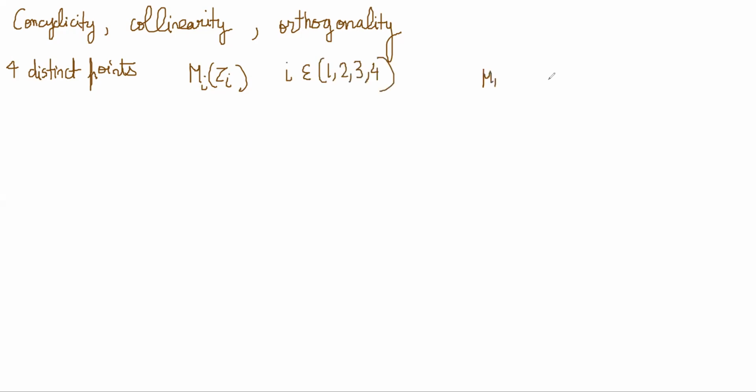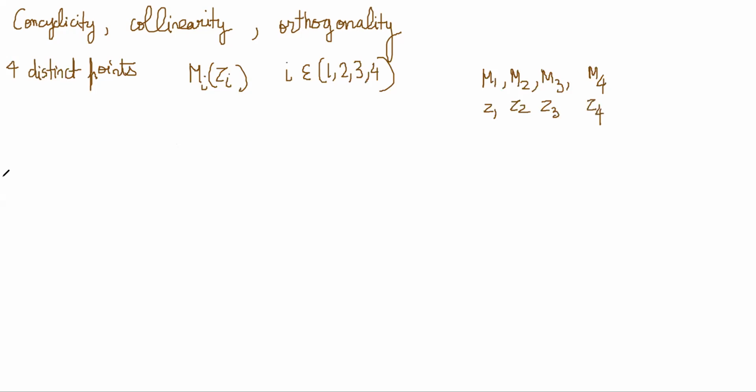So let's think of four distinct points, say M_i, Z_i, where i goes from 1, 2, 3, 4. Basically, I mean M1, M2, M3, M4, 4 points whose coordinates are Z1, Z2, Z3, and Z4.